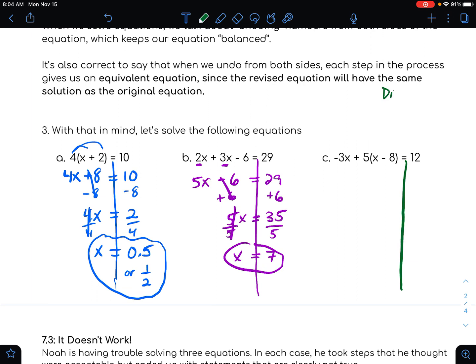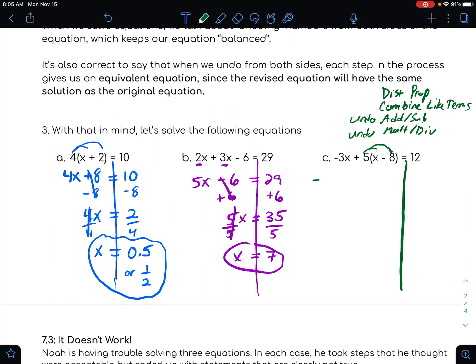So normally, when we solve, you might want to start off with thinking about doing the distributive property and then combine like terms, and then undo any addition, subtraction, and then undo multiplication and division. So in this case, we'll do the distributive property here first.